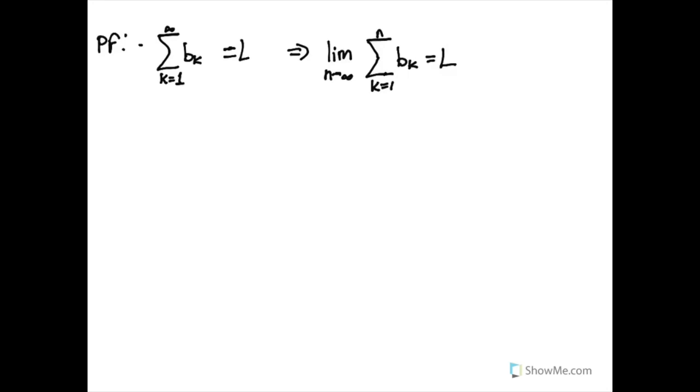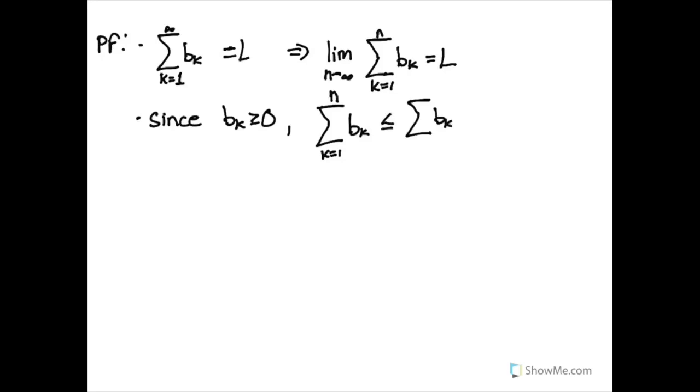Okay, next we're going to observe that since the series is positive, since BK is greater than or equal to 0, that means the partial sums form an increasing sequence. So this implies that the partial sum of BK, k equals 1 up to n, is less than or equal to the partial sum of BK, k equals 1 to n plus 1.